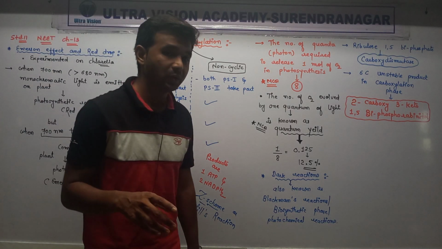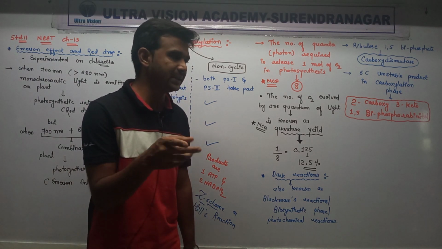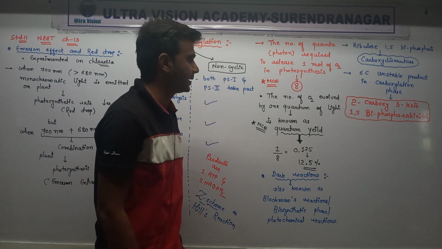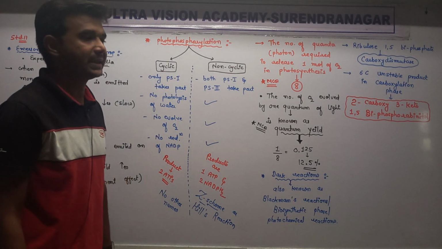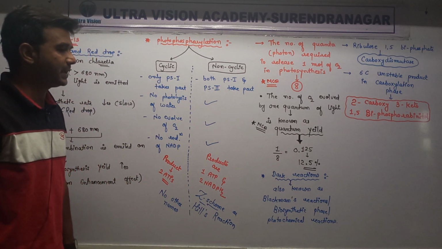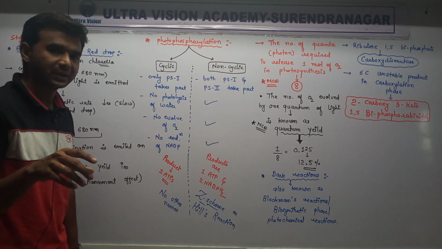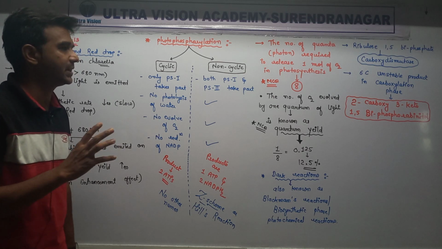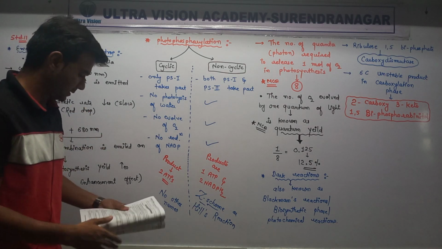Now when the light intensity is higher, RuBP binds with the oxygen. So here from the Rubisco, RuBP oxygenase is activated and photorespiration starts. Fine.